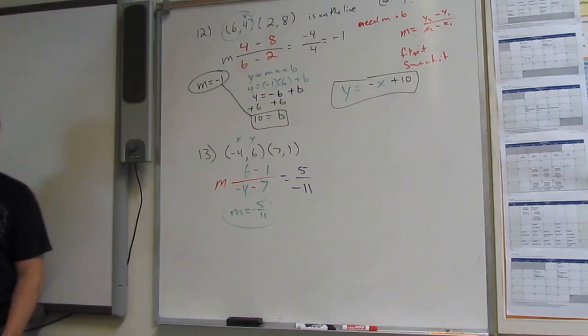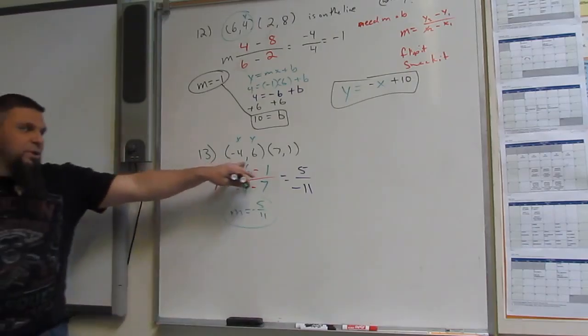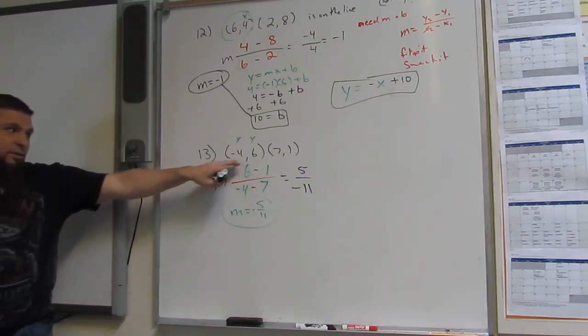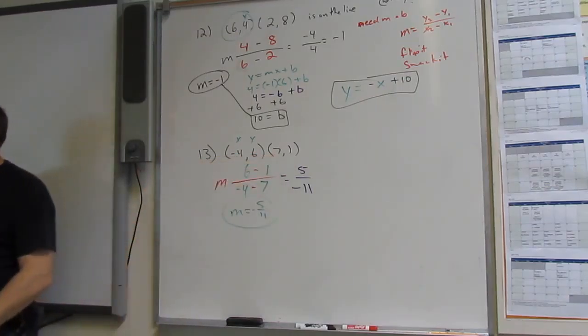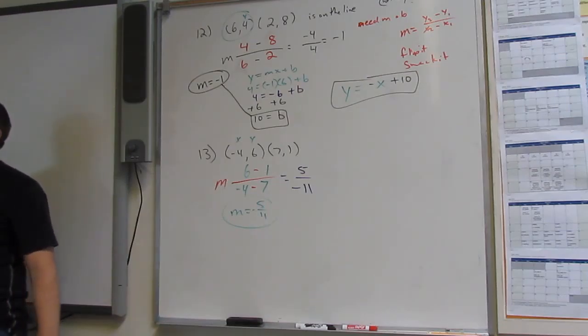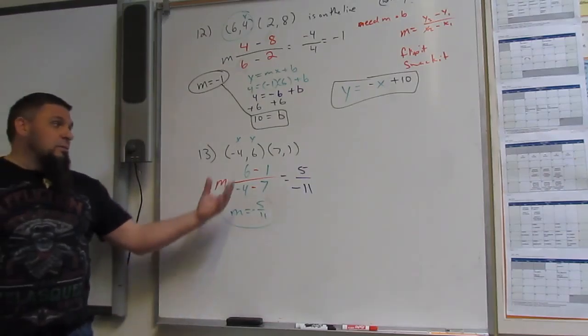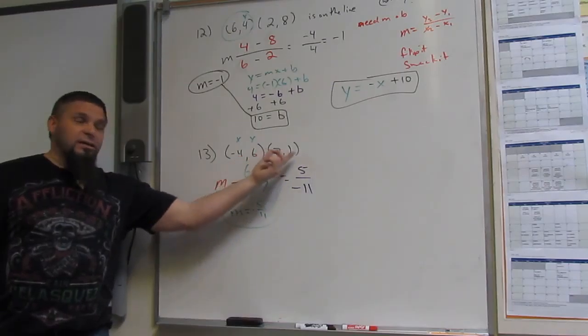We need m and b. Which one do you want to use? The first one or the second one? Which point? It doesn't matter. However, Teddy, which one's the best one? The smallest one. First or second?